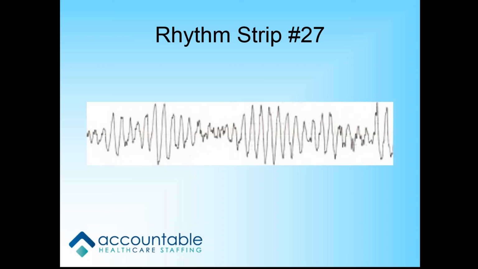You need to know second degree block and asystole. You also need to know sinus brady, sinus tachycardia, and what is the treatment. If you don't remember what we talked about, it is in your packet. Atrial flutter and the treatment. Once again, study your packet. Identify torsades and what is the treatment. They want mag sulfate.